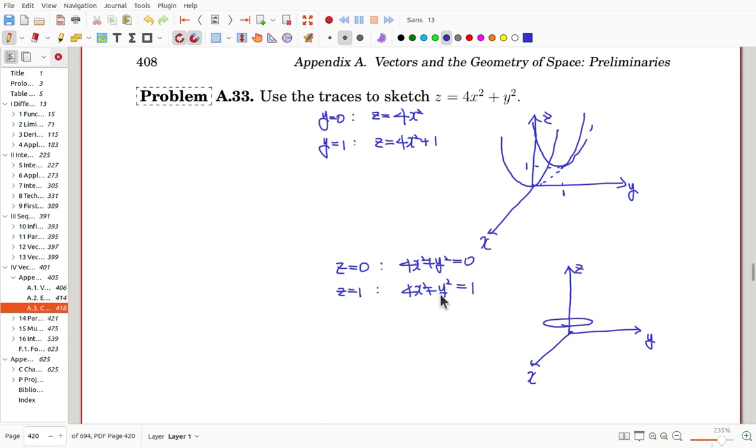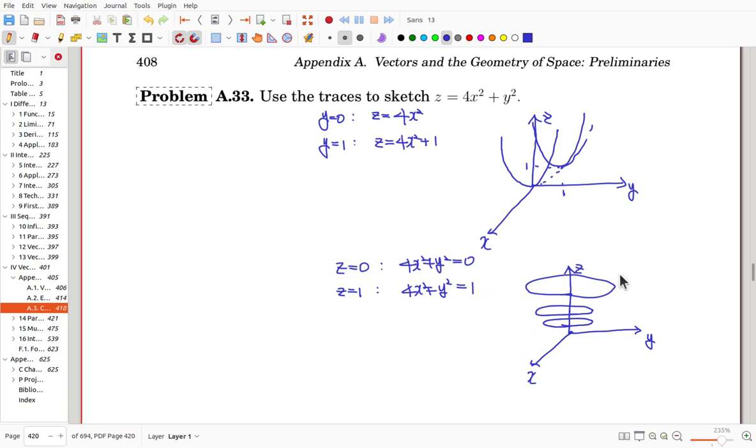Now once z is 2, then the right side must be 2, so it is a little bit larger, like that. And again, once it's 3 and 4, it becomes larger, larger, larger, so that each horizontal cross-section makes an ellipse, but larger and larger. So if you collect these ellipses, then you can see the final shape.